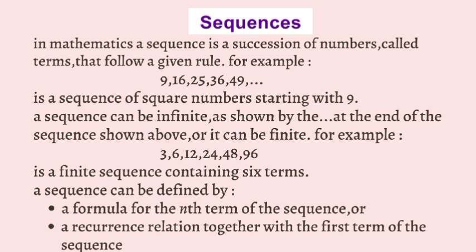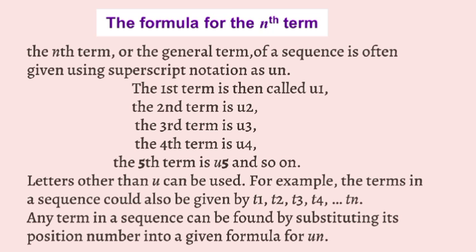A sequence can be defined by a formula for the nth term of the sequence, or a recurrence relation together with the first term of the sequence. The formula for the nth term, or the general term, of a sequence is often given using subscript notation as Un.